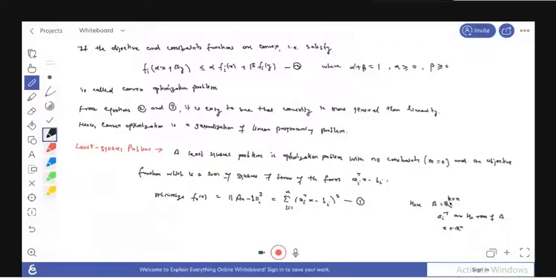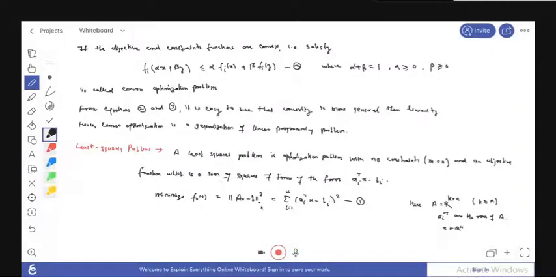The dimension is k cross n, and of course k is greater than or equal to n, or you can write m cross n. This is the type of least square problem, the simple type of optimization problem where you have to find the least square sum.